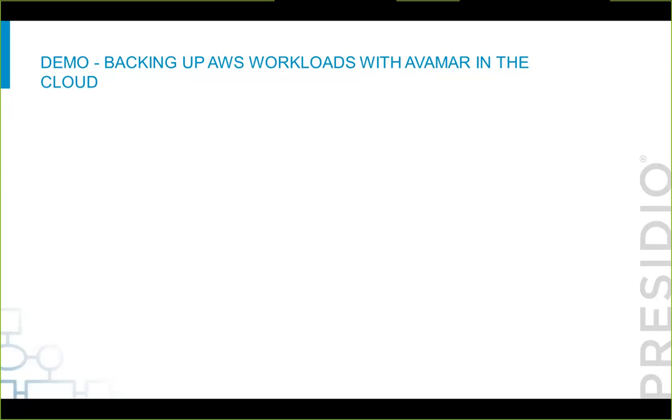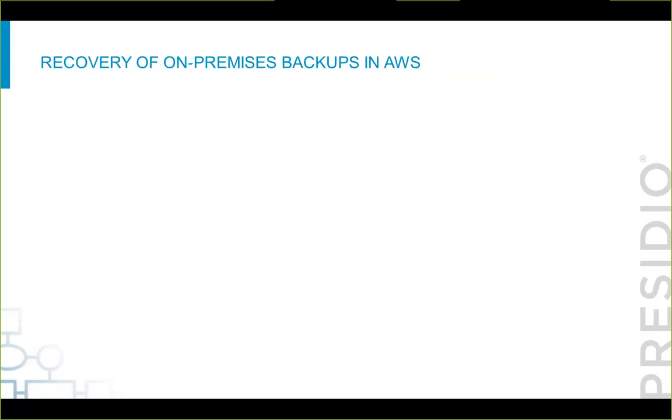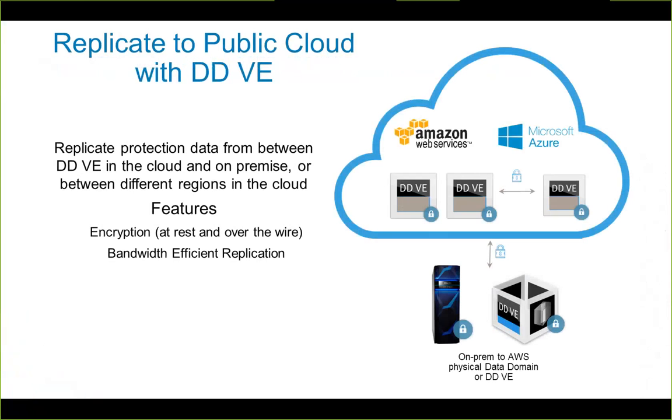Thank you, Srinivas. Okay, so the next piece we're going to cover is recovery of on-premises backups in AWS. Today, you can replicate to the public cloud with DDVE. There are different ways to do this. You may have an on-prem Data Domain that you leverage for on-prem backups, but you want to continue also backing up in the public cloud with Data Domain Virtual Edition.